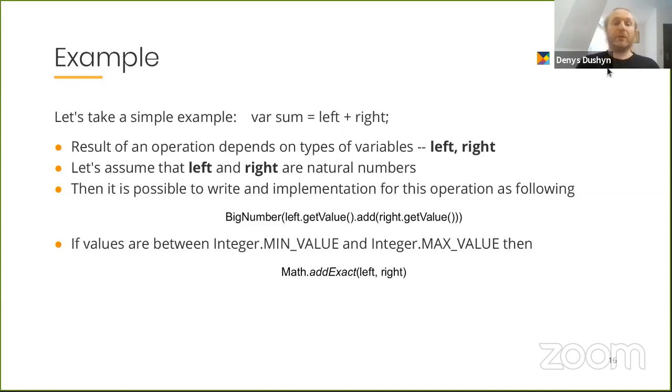If, for example, we know that values are between integer min value and integer max value, so all used values are inside this range, then it's possible to use another operation that is part of the JDK, the Math.addExact statement. So when someone writes an interpreter for a language, it's possible to specify that for some types, please use big numbers, and for other types, please use another operation, Math.addExact.